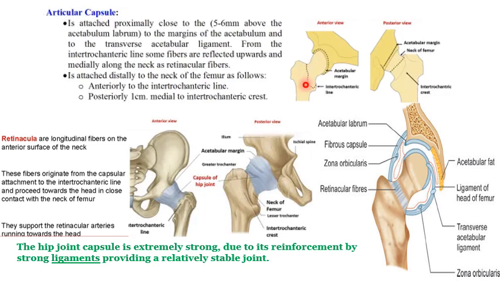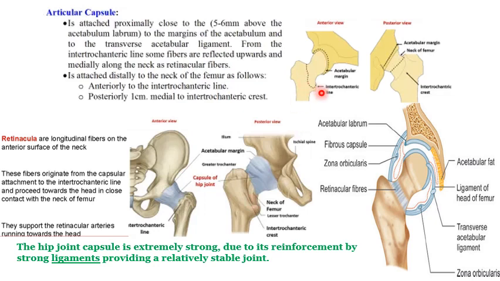And distally, the capsule is attached anteriorly to the intertrochanteric line, and posteriorly it is about 1 centimeter medial to the intertrochanteric crest, where the capsule is related a little close to the greater trochanter and away and above from the lesser trochanter.